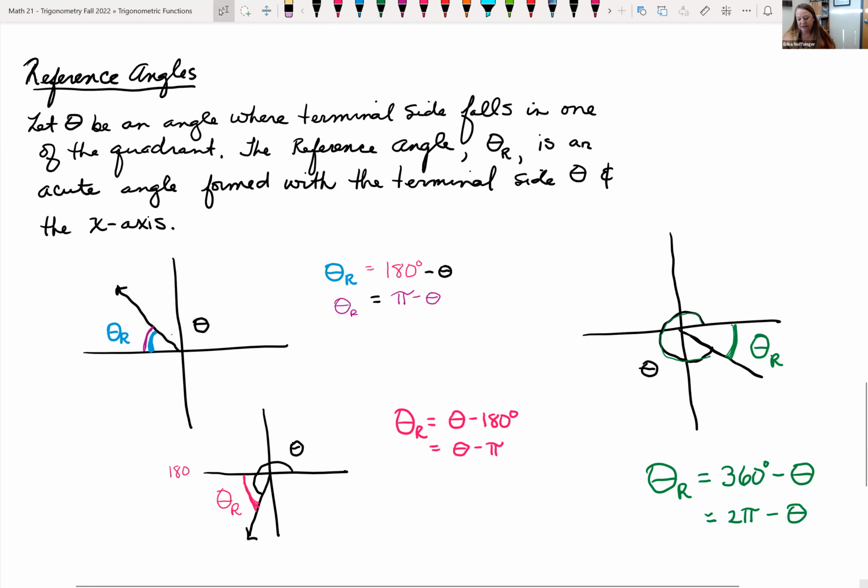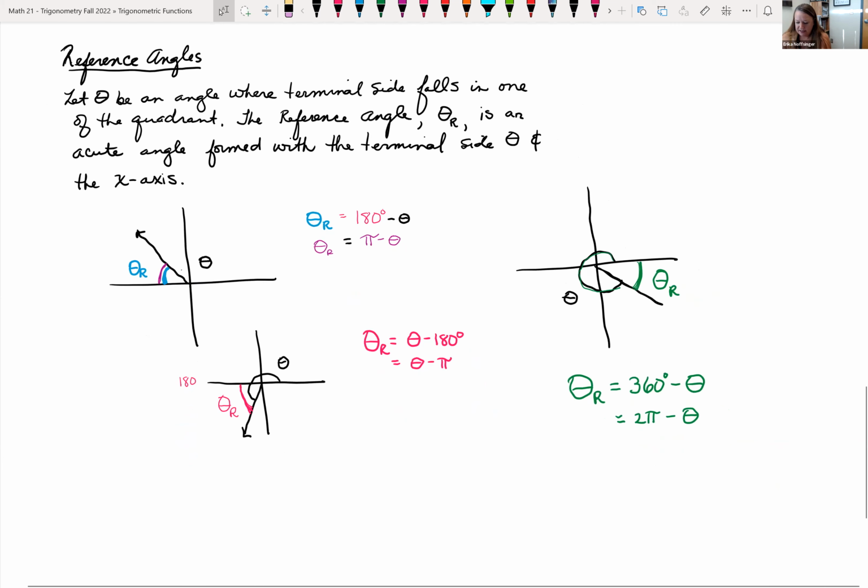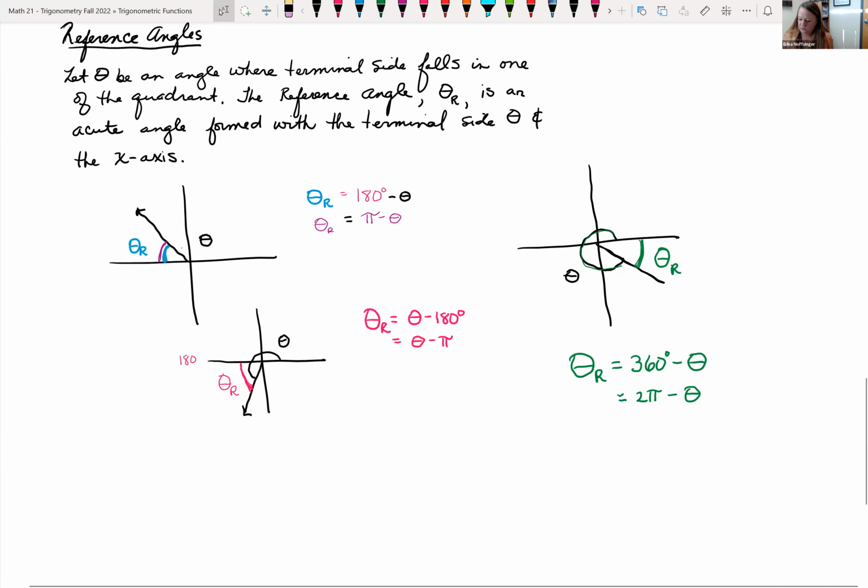Okay, so these are our reference angles. And so we can look at finding the following. So technically, our trigonometric functions, cosine of theta, is equal to either positive or negative, depending on what quadrant we're in, cosine of theta sub r.